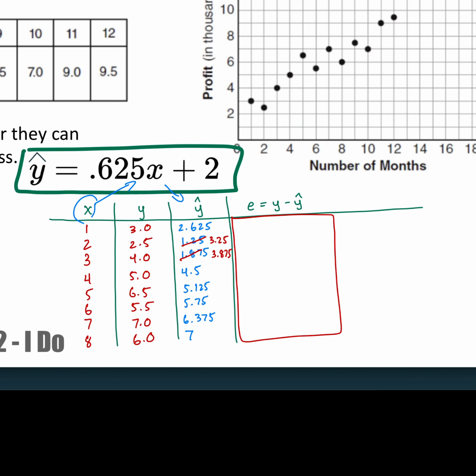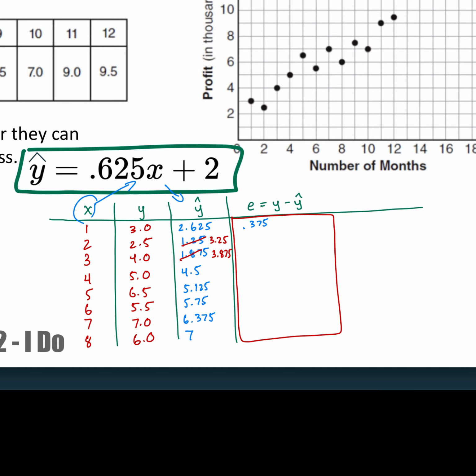Now the next thing you're going to have to do is this part on the right, the actual minus the predicted. You can read that just the way we see it: 3 minus 2.625, 2.5 minus 3.25. Again, it takes a little bit of time, so use your calculator. I'll do the first one before fast forwarding. We get 0.375 positive.